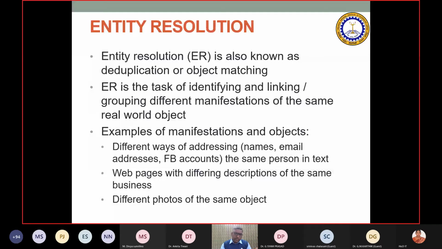But then you need to bring it to one common mechanism, where you have only the IEEE kind of reference. It could also be email addresses, Facebook accounts, the same person in text, web pages with different descriptions of the same business, or different photos of the same object.